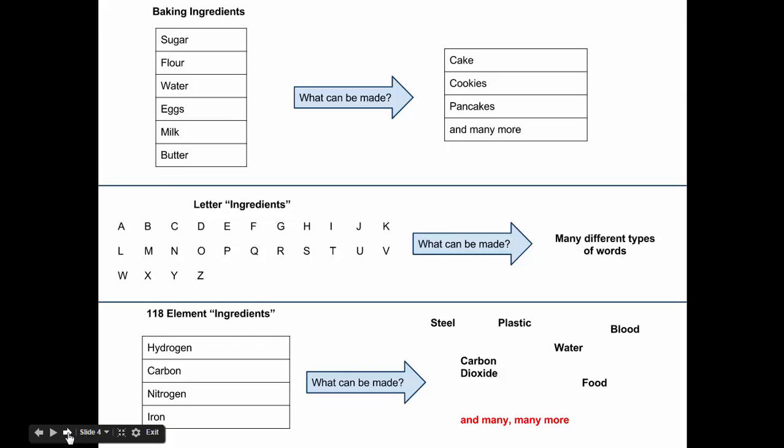Then think of the 118 element ingredients. So things like hydrogen, carbon, nitrogen, iron. Depending on how you combine them, you can make things like steel, plastic, carbon dioxide, water, blood, food, and many, many other things. Anything in the universe.